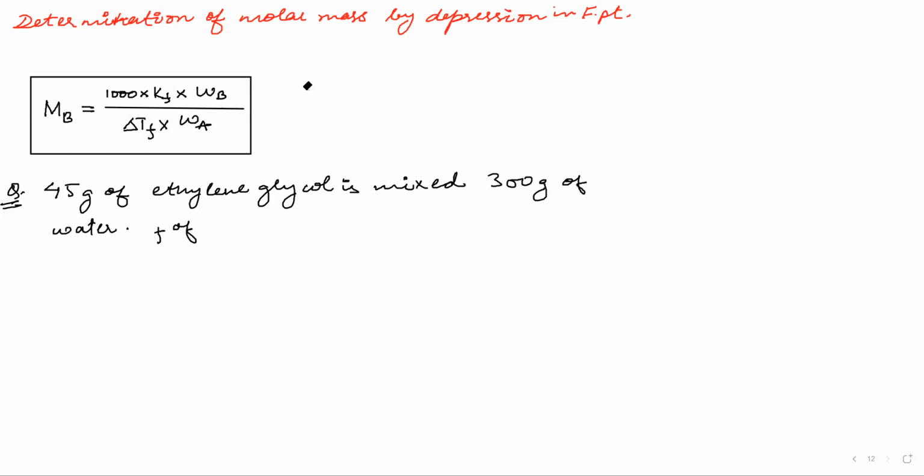KF of water is 1.86. Okay, KF of water is 1.86, and you have to calculate.